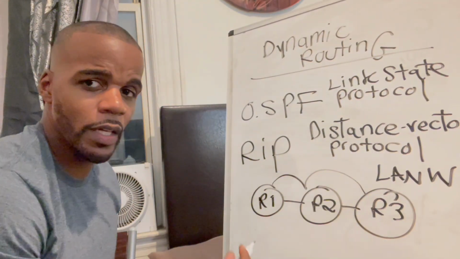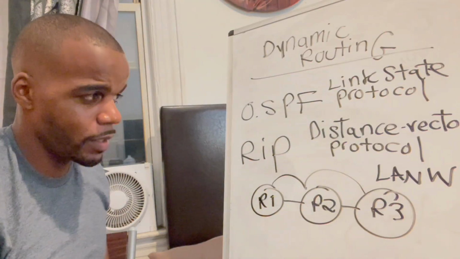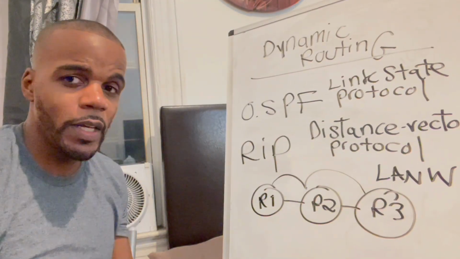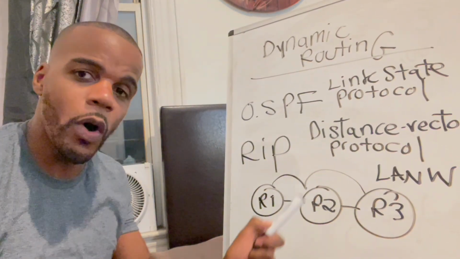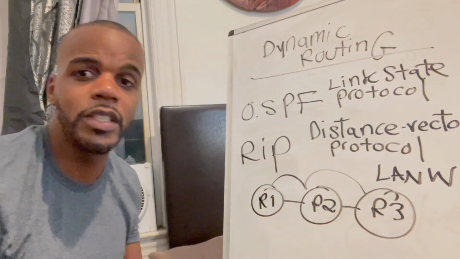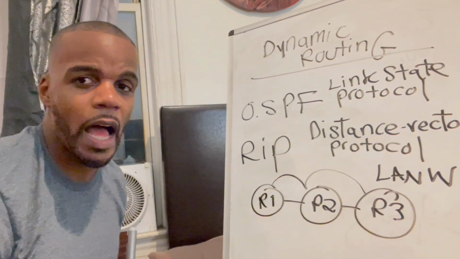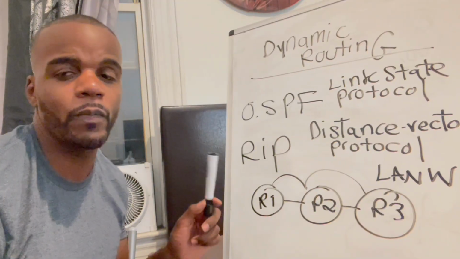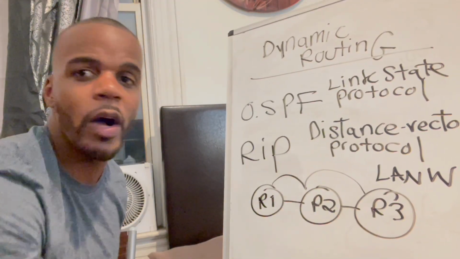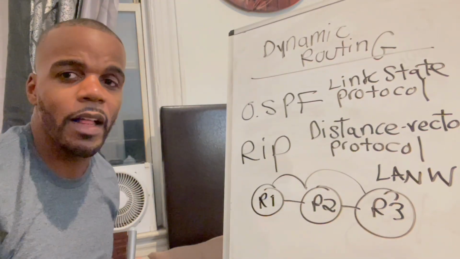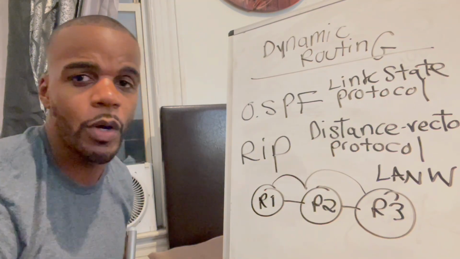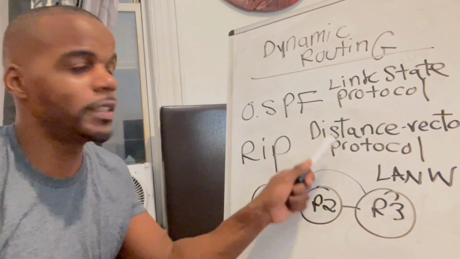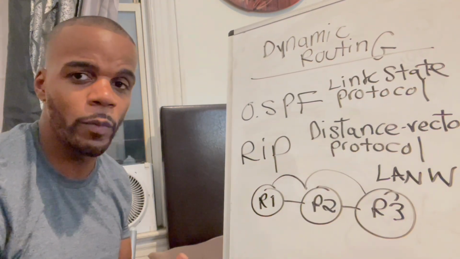Can you send this information to LAN W? And so on and so on until it is, I believe, 15 hops or 15 routers away. That's the maximum limit RIP distance vector can go.